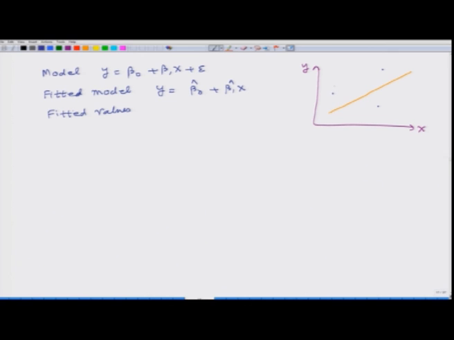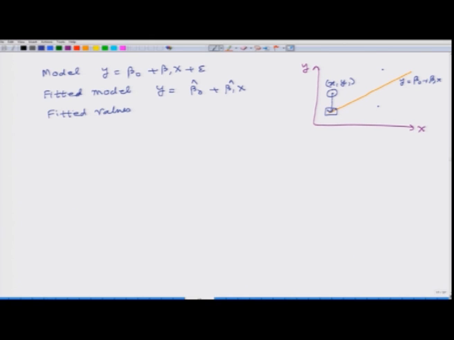Suppose this is our x1, y1, and we expected that this value is going to lie somewhere here on this line y equal to beta 0 plus beta 1 x. So we had observed the values x1, y1, but I am expecting that this value should lie somewhere here.